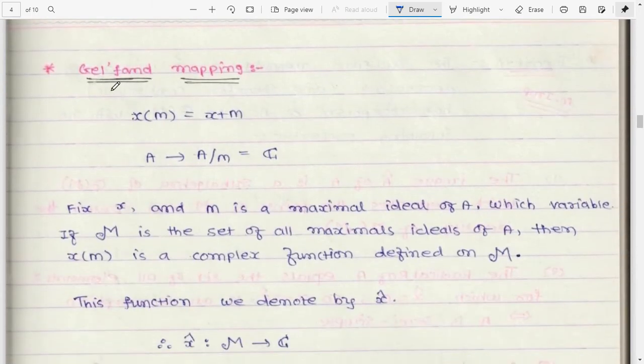Now the Gelfand mapping: x(m) is equal to x plus m, and A tends to A by m is equal to C. Here x is fixed and m is a maximal ideal of A, which is variable.